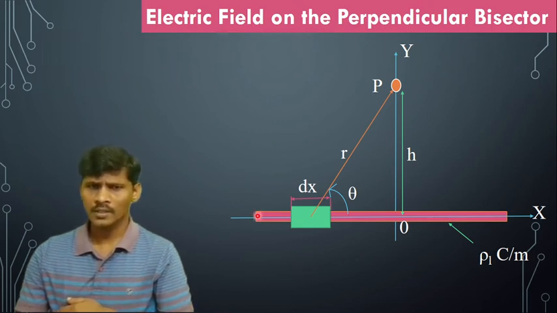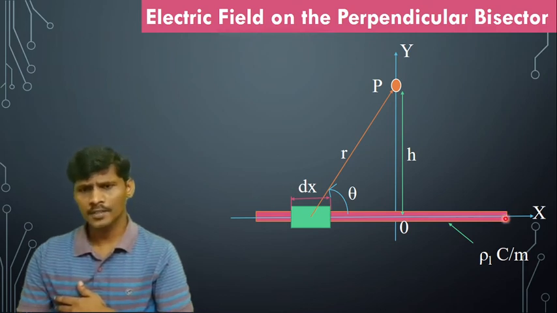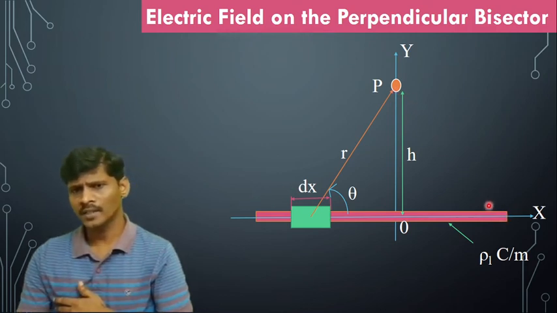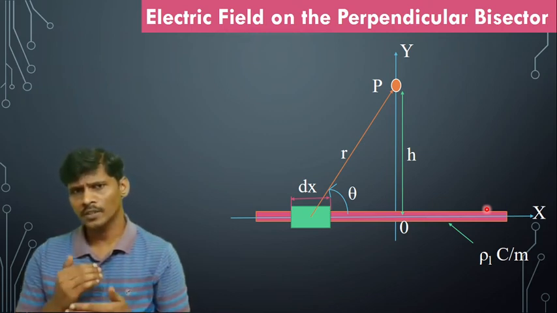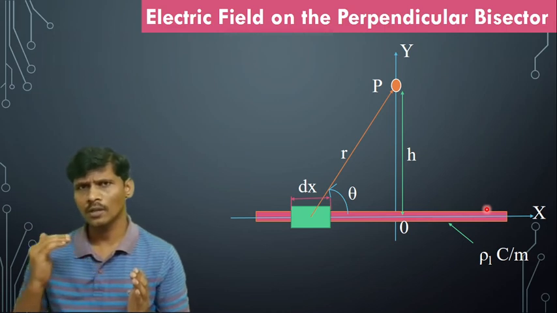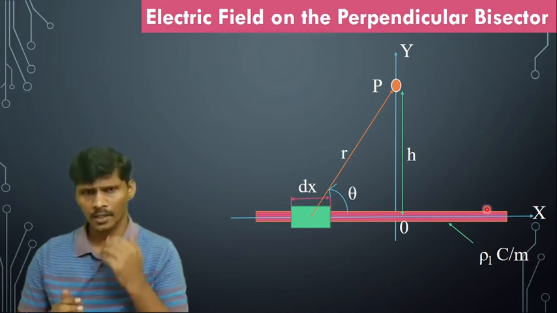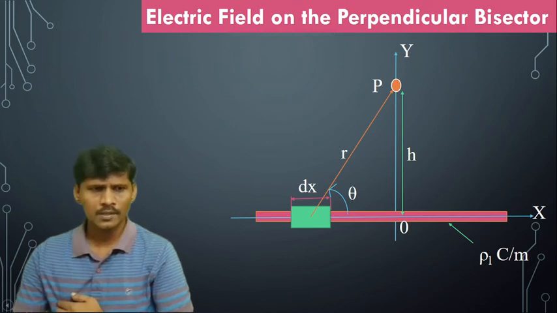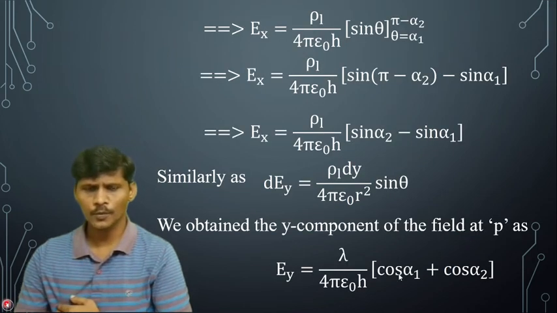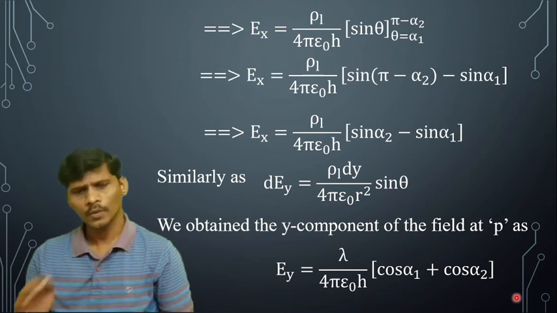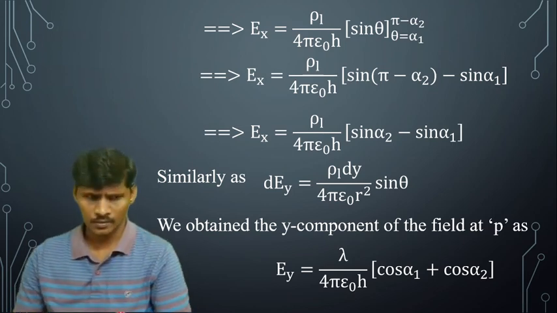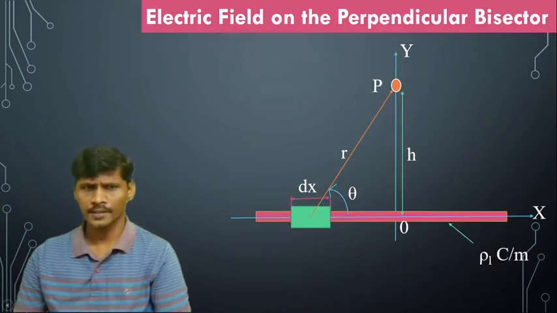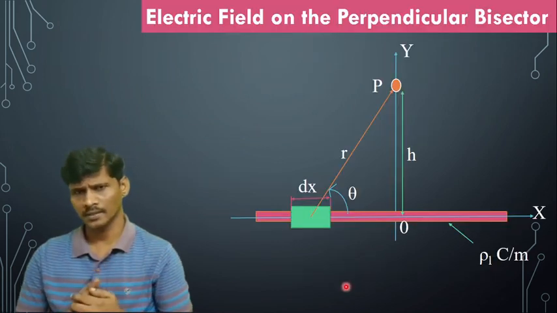This end of the line charge makes an angle alpha 1 to the point P, and the other end makes an angle alpha 2. Because this is the perpendicular bisector case, alpha 1 is equal to alpha 2 is equal to alpha. Substituting alpha 1 equals alpha 2 in the above expression, we get the electric field intensity for the perpendicular bisector case.